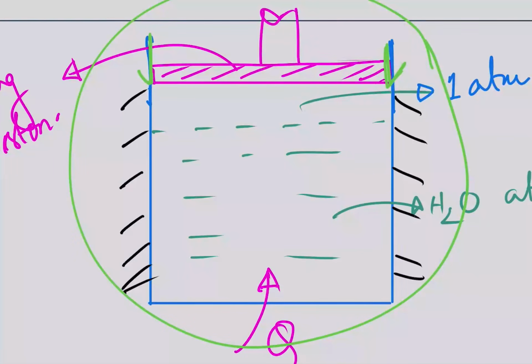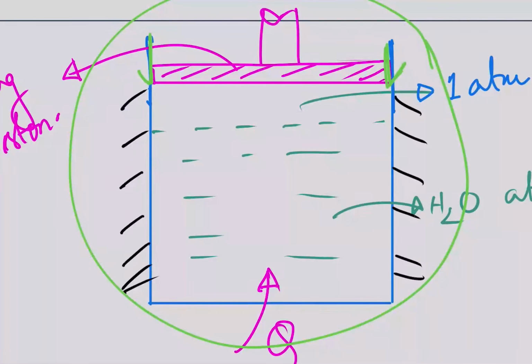See, quasi-static process only means that the process is extremely slow. It does not have anything to do with reversibility. So there exist quasi-static irreversible processes.